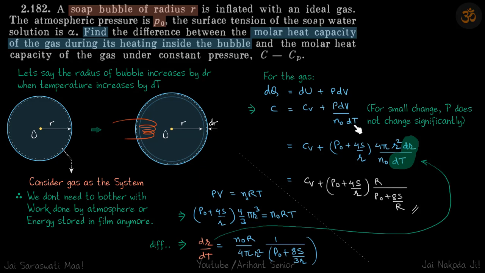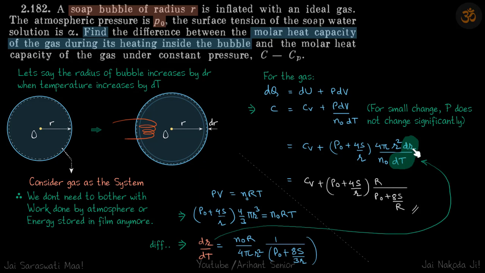So let that be there, but let's write the other terms first. So this becomes Cv + P, where P becomes P0 + 4S/r, and dV becomes 4πr² dr, and in the denominator we have n0 dT. So we have a term of dr/dT now.